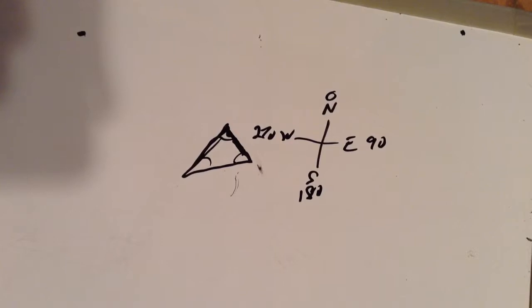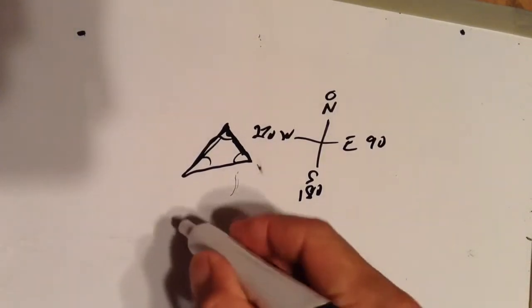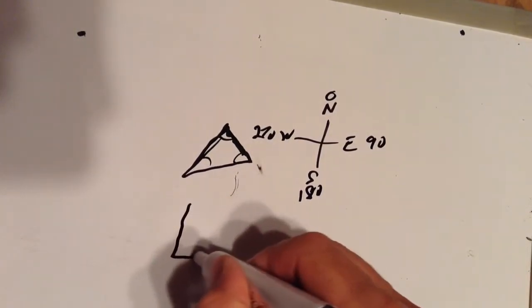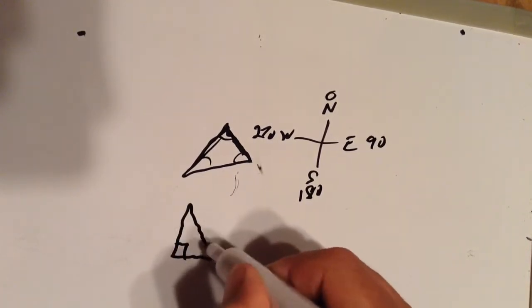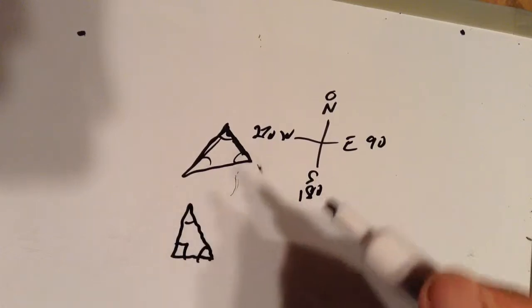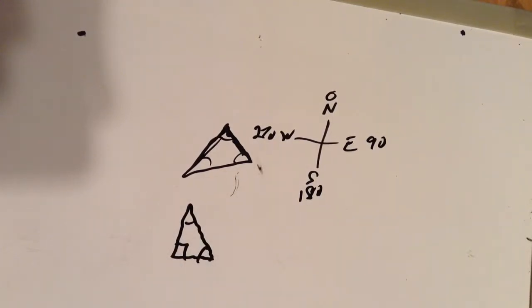A triangle may have a right angle, or a 90-degree angle, and 2 acute angles. Here's a right angle. See how this is 90 degrees, and the other angles are acute.